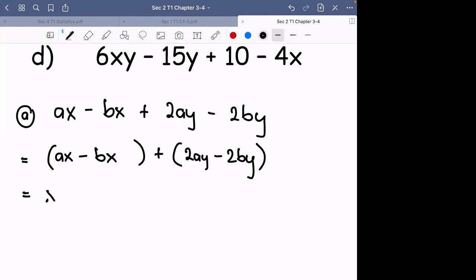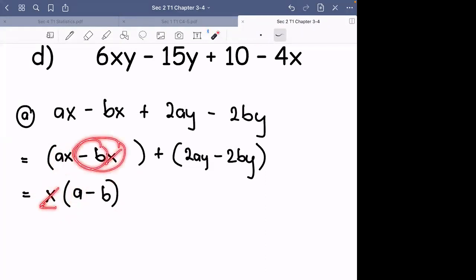So you write x in front, and then bracket: ax divided by x, so a, minus bx divided by x, so x gets cancelled. What's left is minus b. So a minus b.